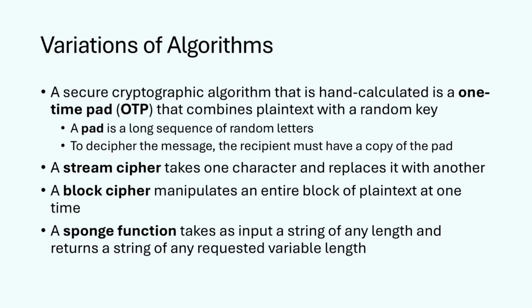Okay? And also there is the sponge function that takes any length of input and changes it into a string of any length that you want, which makes it very flexible. Okay, so these methods are used for different needs depending on how secure and fast the encryption should be.